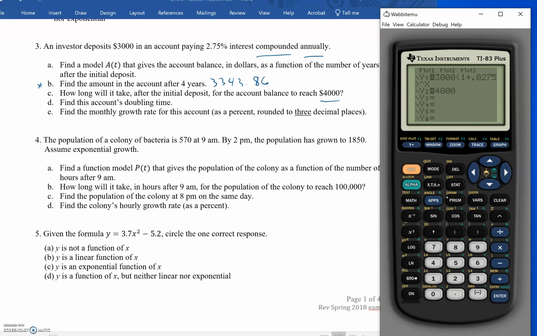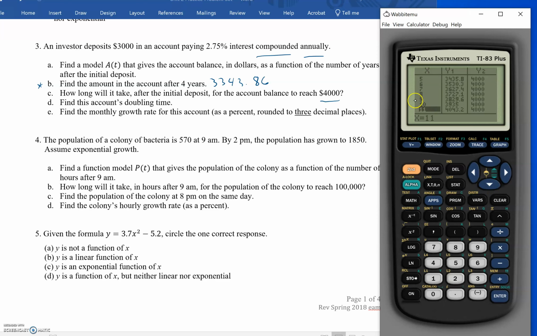So I want to intersect these two functions. I'm going to go to the table and see how long it's going to take. Now my table happened to already start at 43 for some reason. I was doing something, and that's why it's there, but I'm going to restart my table at 0. And now we can get a good measure.